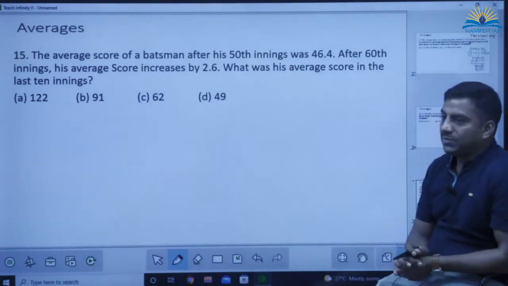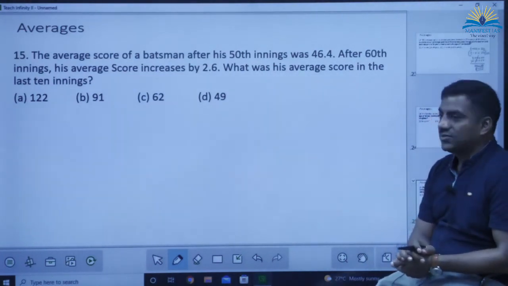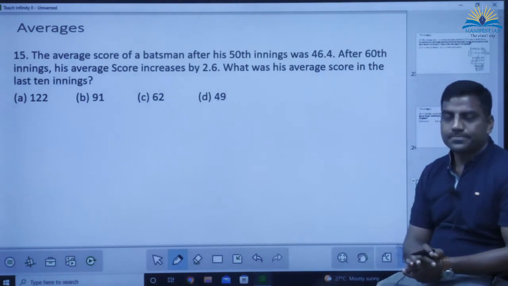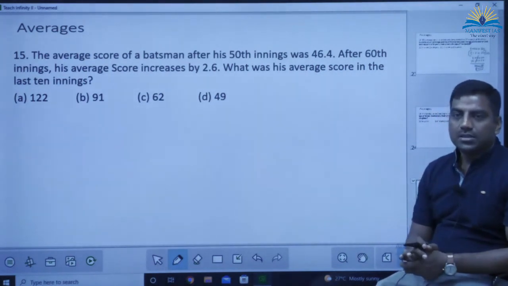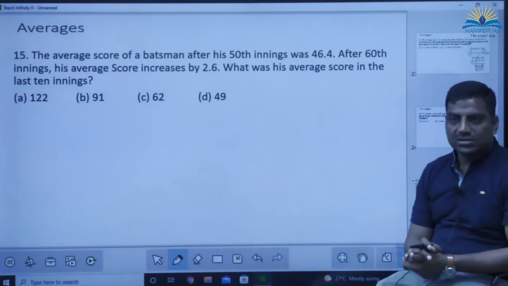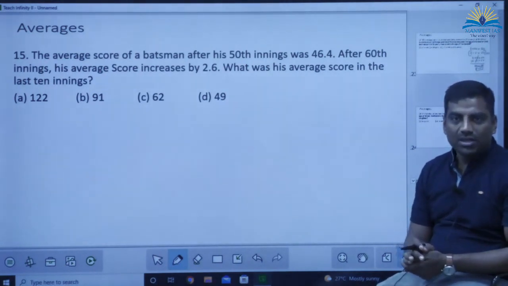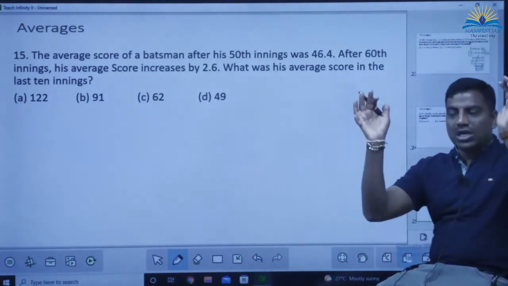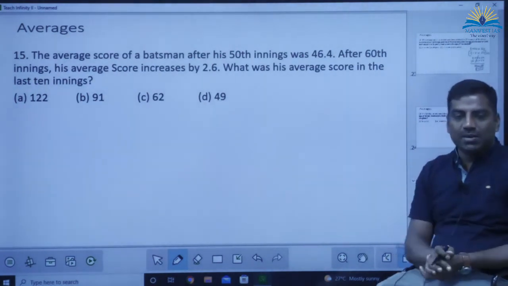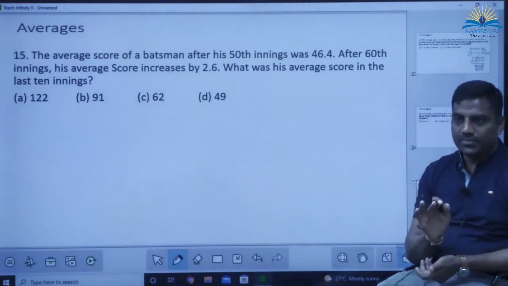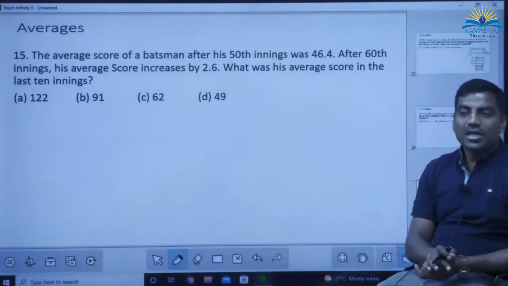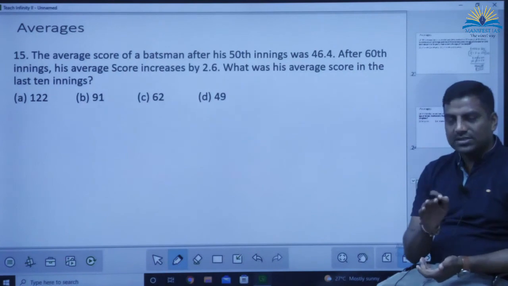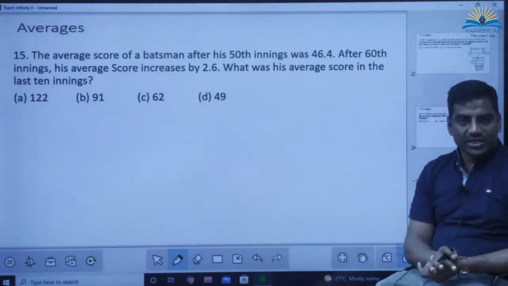Average score of a batsman after the 50th innings was 46.4. See, this is a bit different from the general average that we calculate in batting. Usually the batting average is not the total number of runs divided by the number of innings he has played. In cricket, this calculation is a bit different.